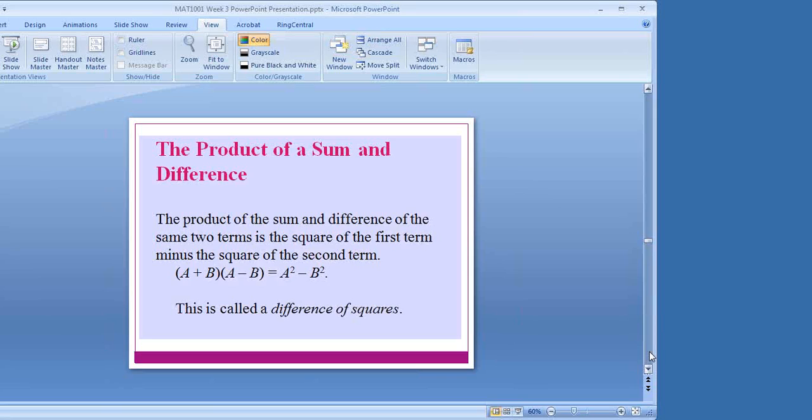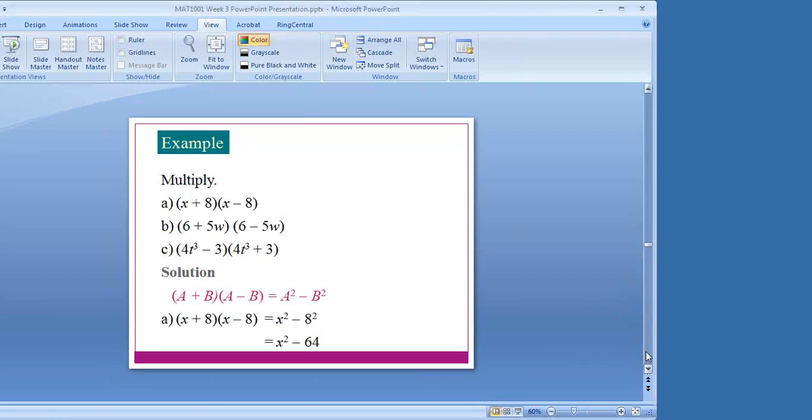Okay, the next thing here is a product of a sum and a difference. I am not going to suggest that you memorize that formula. Some people love formulas and love memorizing them, but I'm not going to suggest that you memorize that because it's still FOIL.